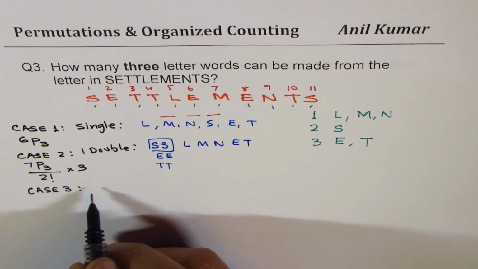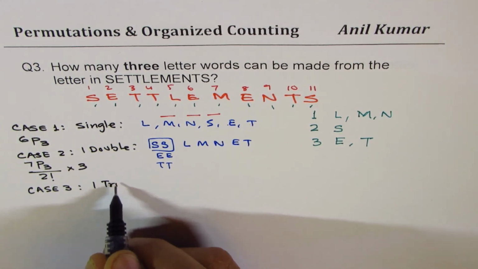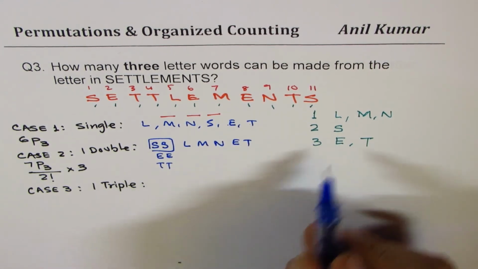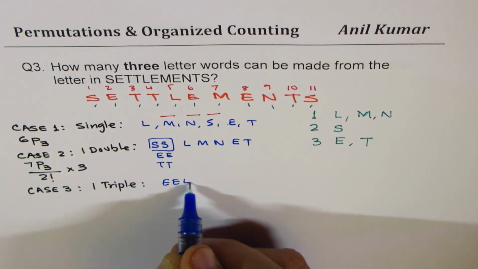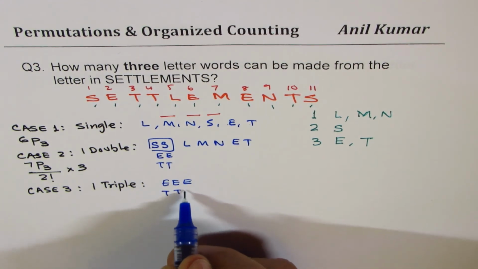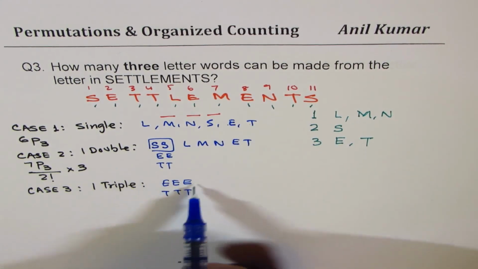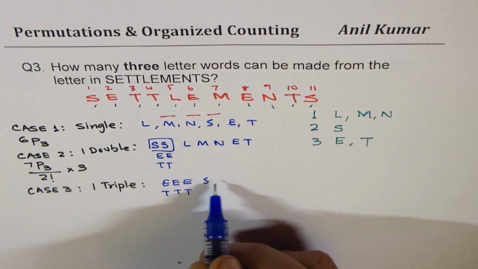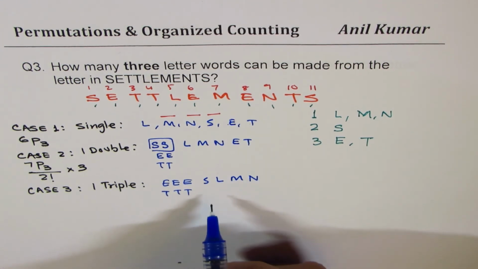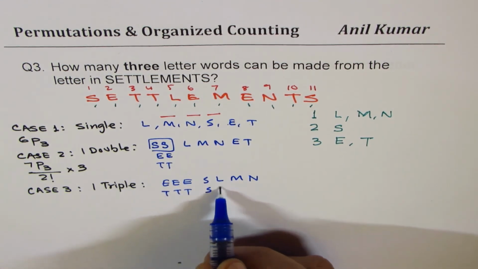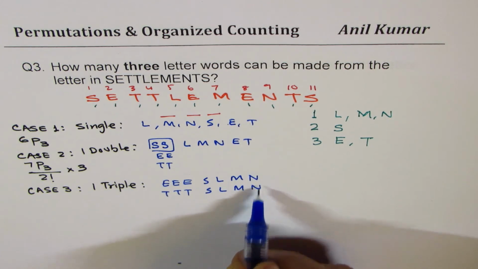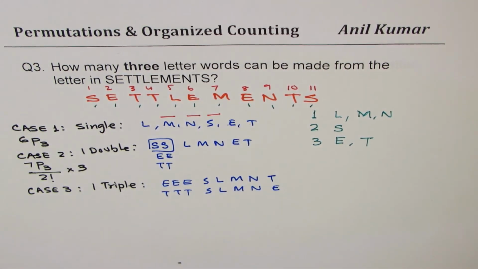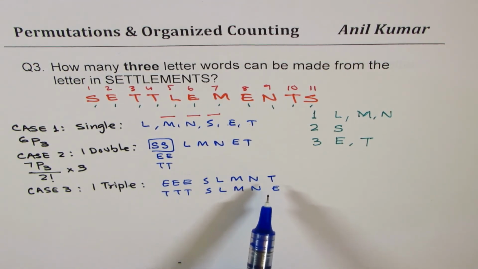How about triples now? So we say 1 triple. 1 triple means I could have either 3 E's or 3 T's. Is that okay? If we do that combination, what are the other things we have? We have 1 S, L, M, and N, and also a T here, and in this case we'll get E. Correct.